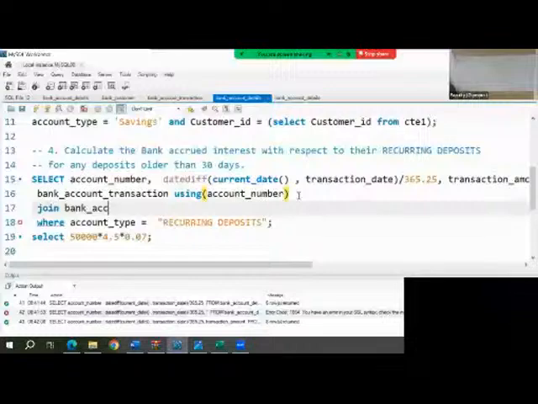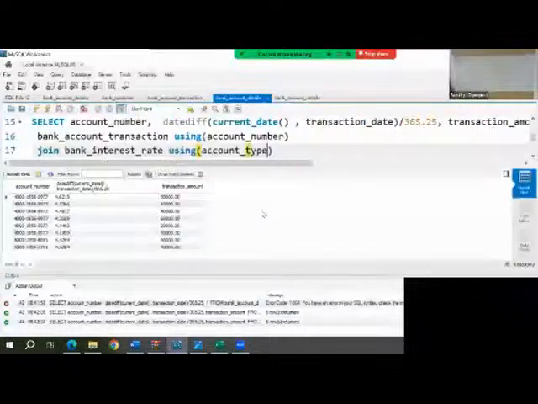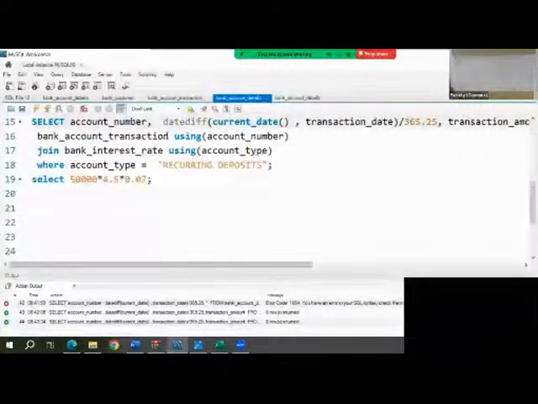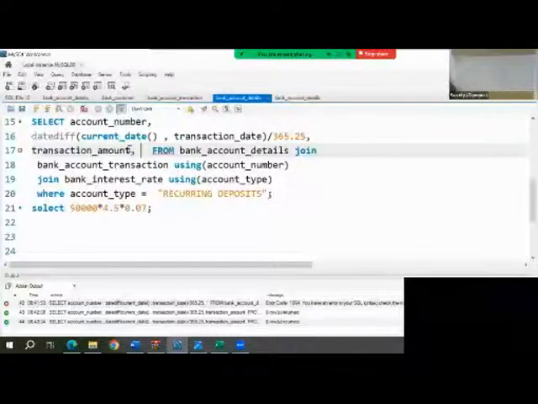Bank interest rate using account number. Sorry, not account number, account type, right? So let's add the interest as well. Interest is called interest underscore rate. So let's bring the interest rate as well. So we have got account number, the year, the transaction amount, which is the principal, and the interest rate.